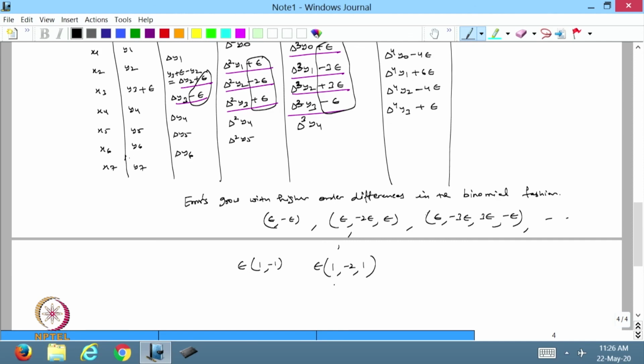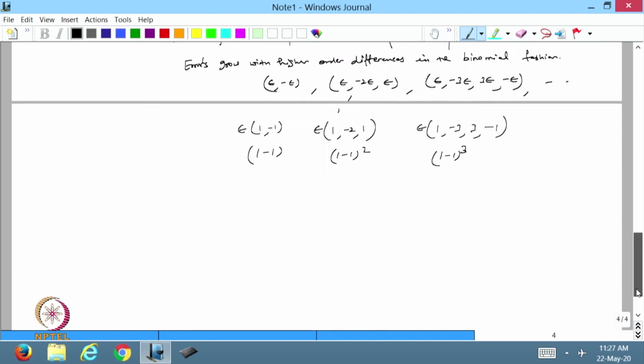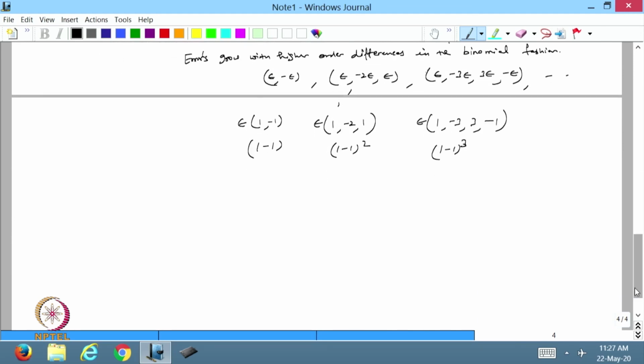So, if you see from here, it is a square plus b square minus 2ab, a minus b. From here it is epsilon. So, 1 minus 3 plus 3 minus 1. So, it is a cube plus b cube minus 3a square b plus 3ab square. So, this is also, if I take this one, I can write as 1 minus 1 power cube. This I can write as 1 minus 1 square. This I can write as 1 minus 1. So, like this one. So, it is a binomial fashion, the error is growing, and it grows as we take the higher order differences.